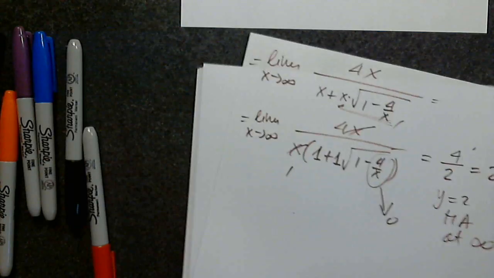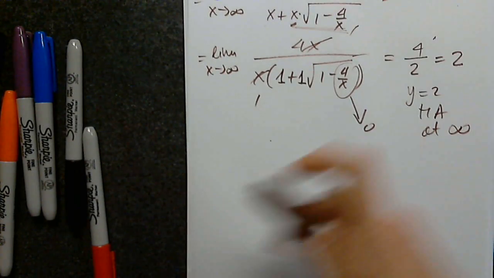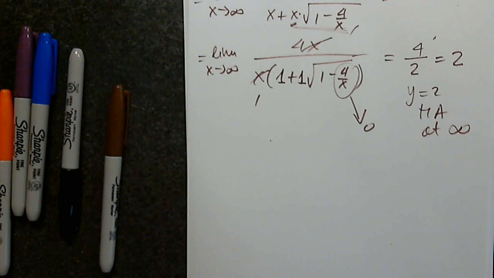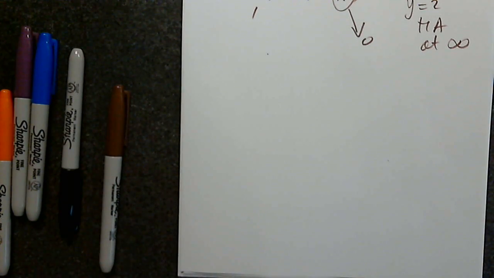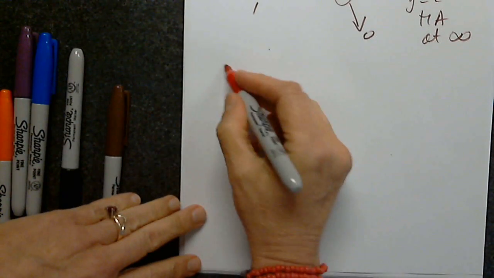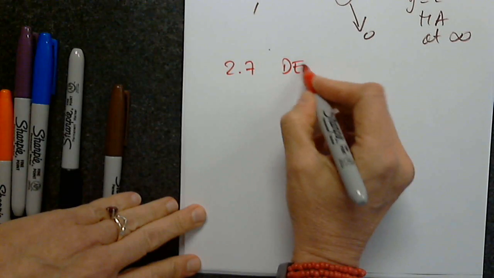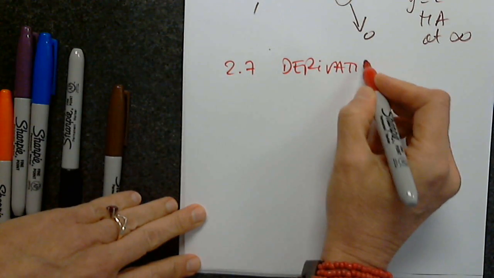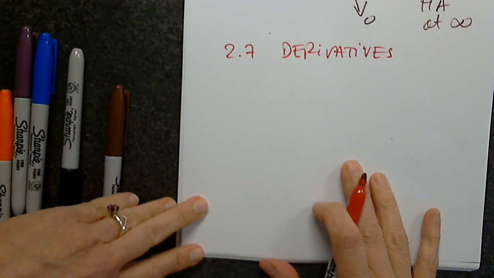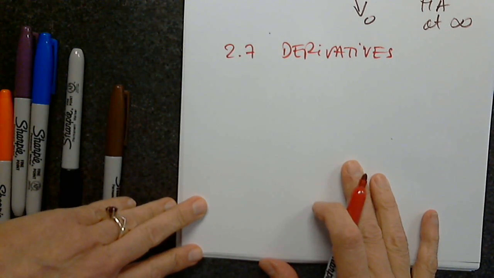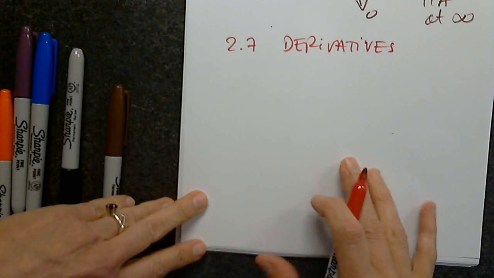Is that understood? Okay, so I would like now, I know I only have half an hour, we will do whatever we can. So I would like to continue with 2.7, derivatives. Say it again. So now we come to derivatives. Right, but it's nothing new. You will see in a moment.